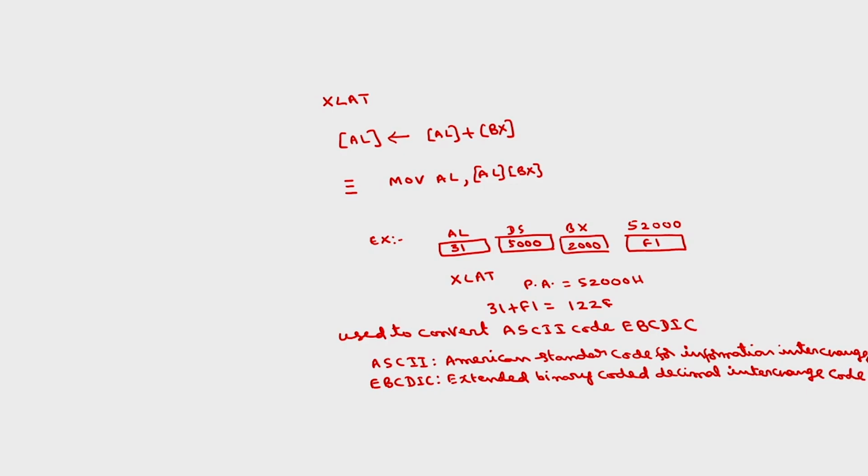Among the various codes, these two, ASCII and EBCDIC, are famous codes. ASCII is a 7-bit code.